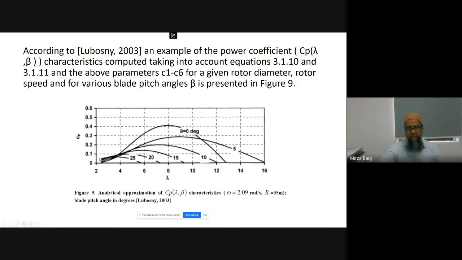The maximum Cp occurs around lambda of 8, and it's about 0.4 something. That's the maximum that you can extract. Ideally it's 0.593, but usually the maximum you can get so far is 0.4 something. Cp is found to be maximum at 0.41 something so far.